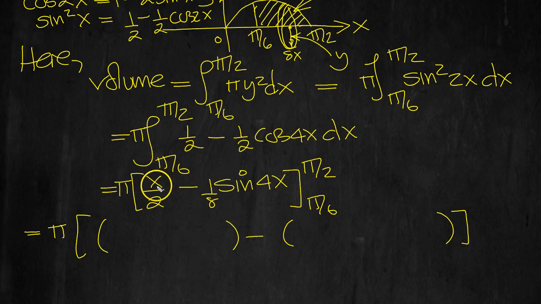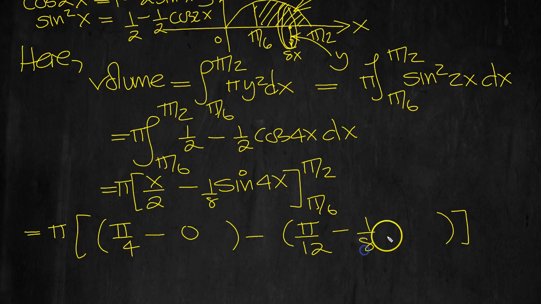Pi over 2 in here, so it's pi over 4. And then pi over 2 in here, sine 2 pi. 4 lots of half pi is 2 pi, sine 2 pi is 0. Bottom value, pi over 6 in here, pi over 12 then. 4 pi over 6 minus sine 4 pi over 6 is sine 2 pi over 3, isn't it? 1/8 of sine 2 pi over 3.